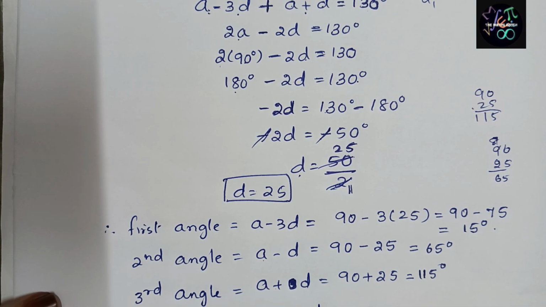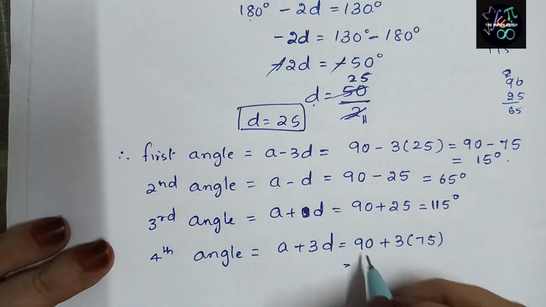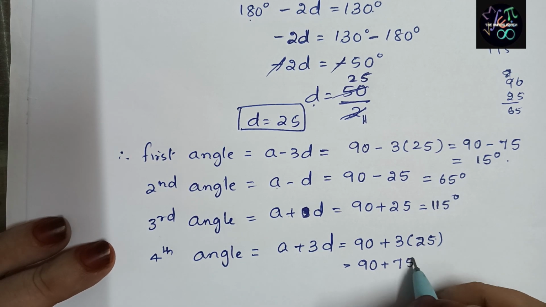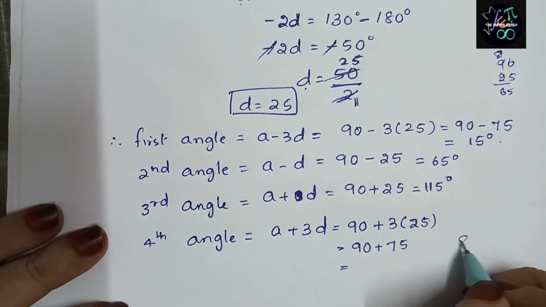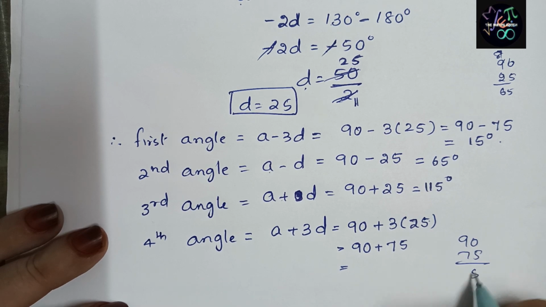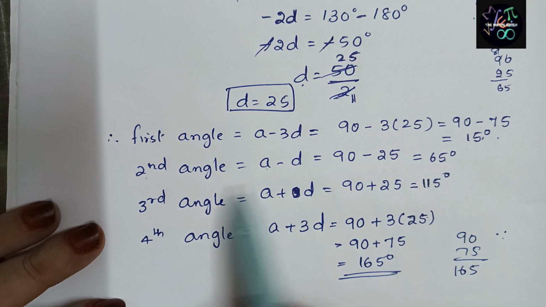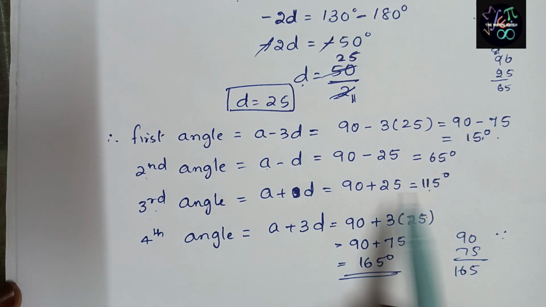And the last one, 90 plus 3 into 25, that is 90 plus 75, which is 165 degrees. So we got all four angles: the first angle 15 degrees, the second angle 65 degrees, the third angle 115 degrees, and the fourth angle is 165 degrees.